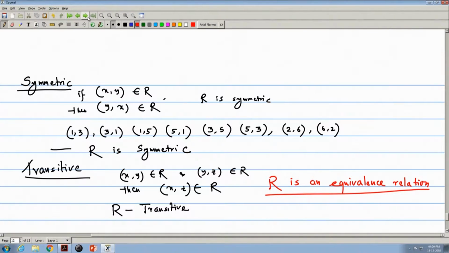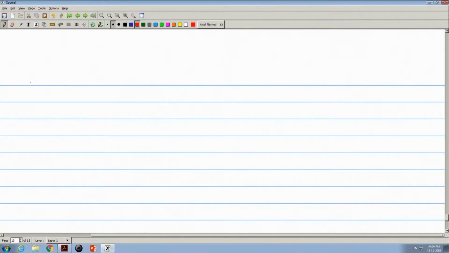Now, we see some previous examples that we have seen.